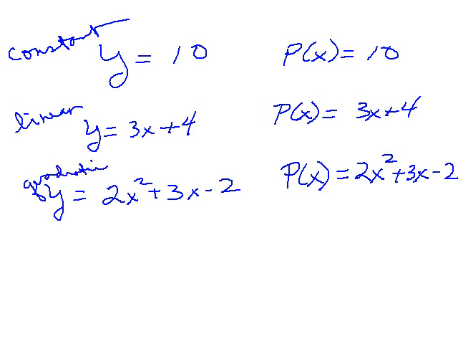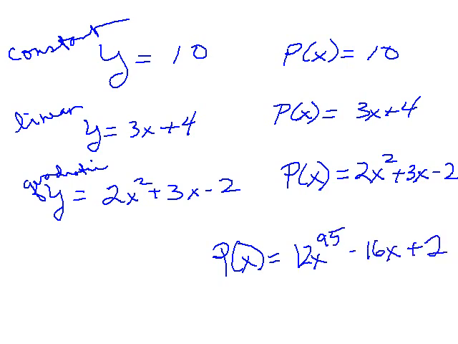When we look at the polynomial, we don't always call them constant, linear, quadratic. And what happens if you have something to a higher order, such as 12x to the 95th minus 16x plus 2? What are you going to call that? Well, instead of continuing this idea of naming them, we go to identifying the polynomial by what is called its degree. So this is another term.